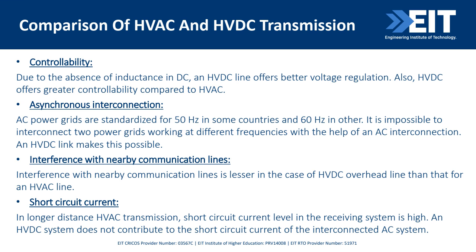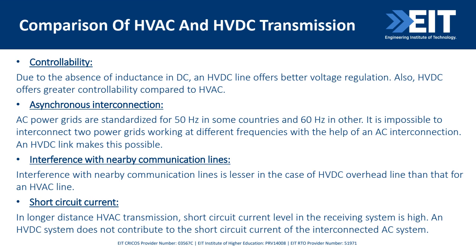And then short circuit current. In long distance HVAC transmission, the short circuit current level in the receiving system is high, because when there's a short circuit, it delivers a lot of current at once.